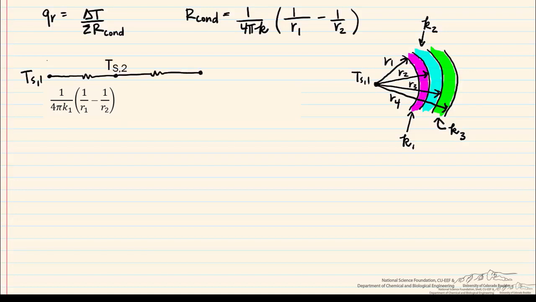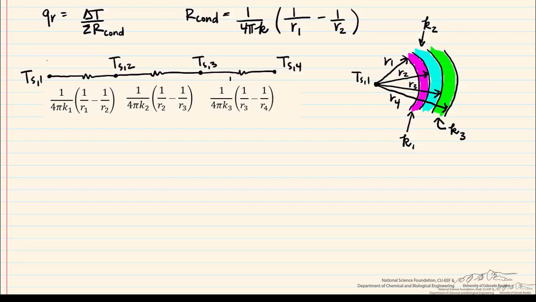Next, here's the temperature at the surface of 2. And this resistance is 1 over 4 pi k2 multiplied by (1/r2 minus 1/r3). And we're going to continue to do this thermal circuit until we get to the outside, or T_s4.